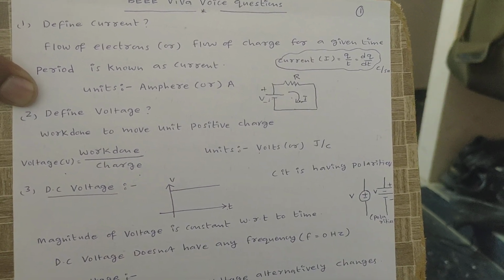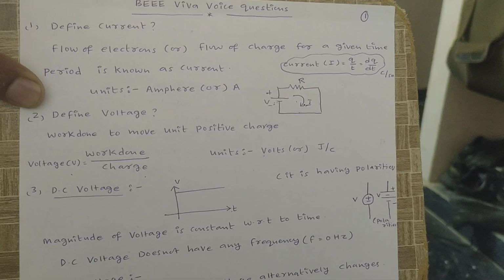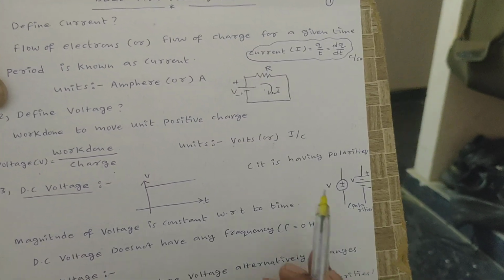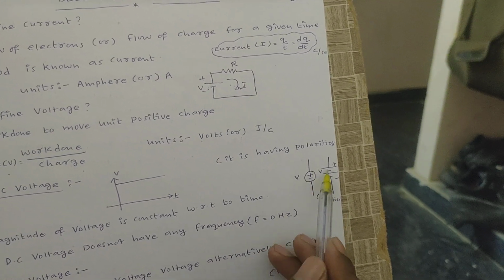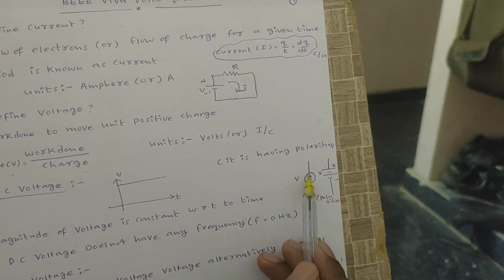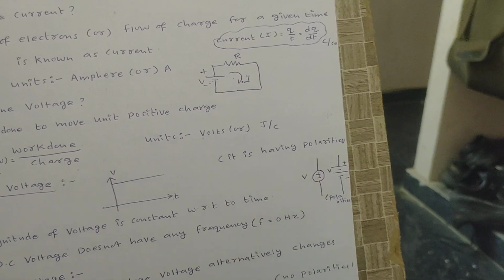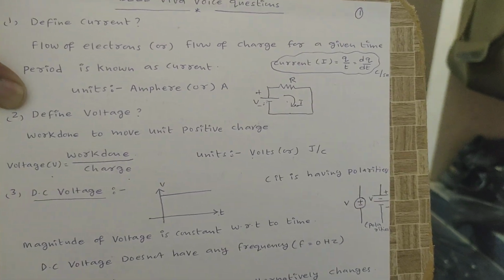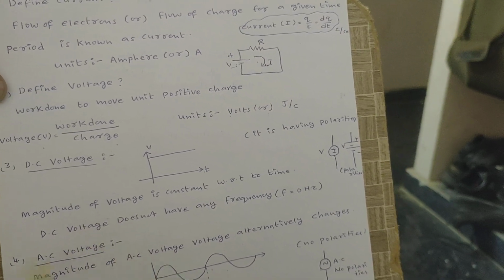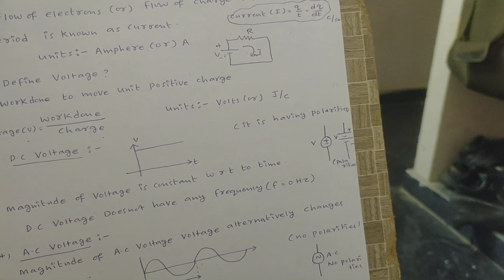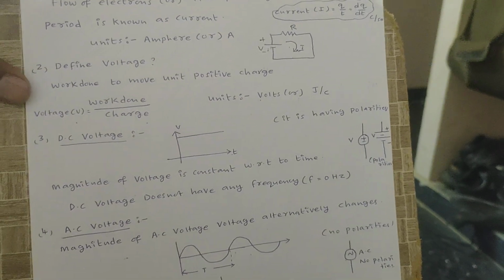This is the representation of DC voltage. DC supply has polarities. Current always flows from higher potential to lower potential. Remember this point. A DC system doesn't have any frequency; in case of DC supply, frequency is 0 Hz.